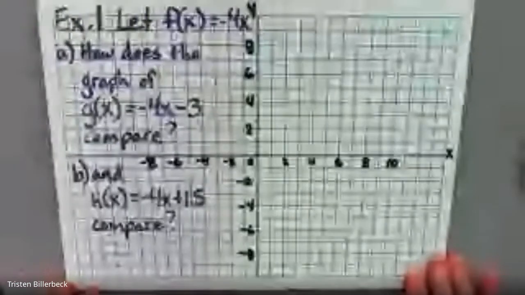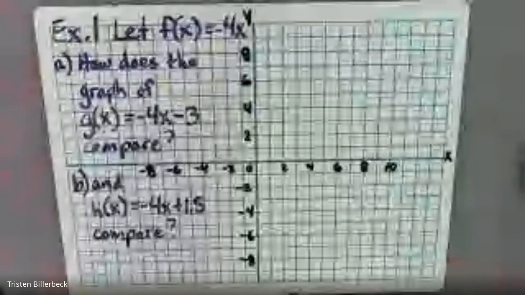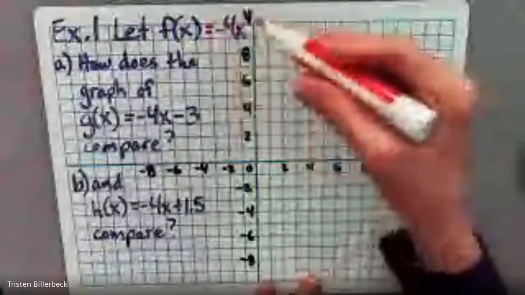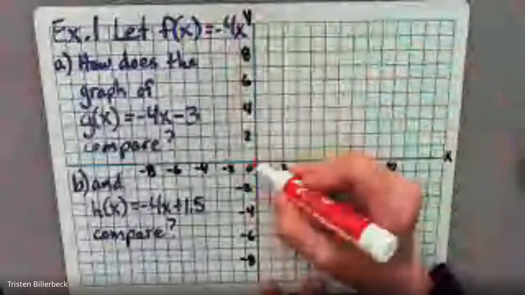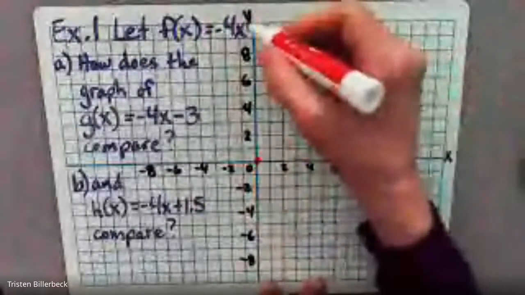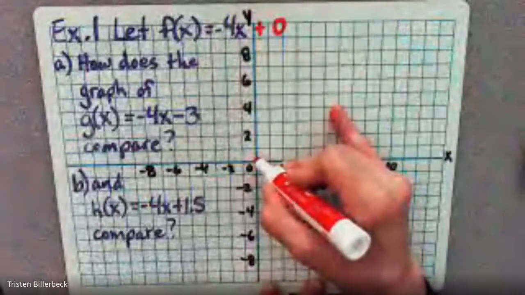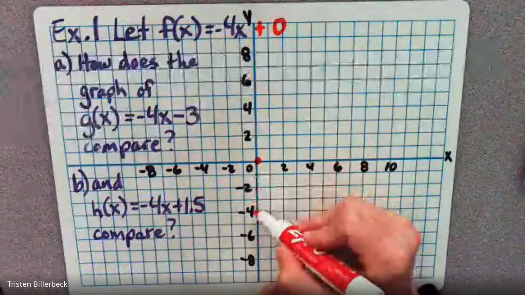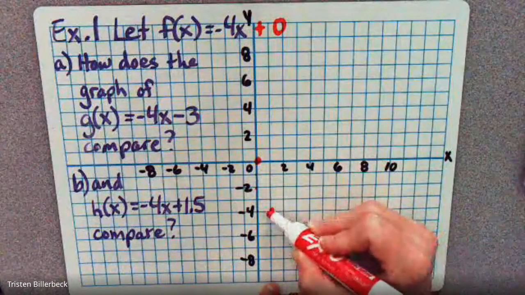All right, so let's take a look at these equations and plot a few. We have f of x equals negative 4x. At 0, x goes through 0 because there's no y-intercept. It's plus 0 here, so that's the y-intercept. Then we rise negative 4, 1, 2, 3, 4, and run 1, which gives us our point.